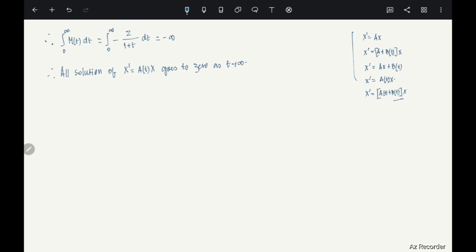Okay, so first of all, we start with a theorem. This is Theorem 2.